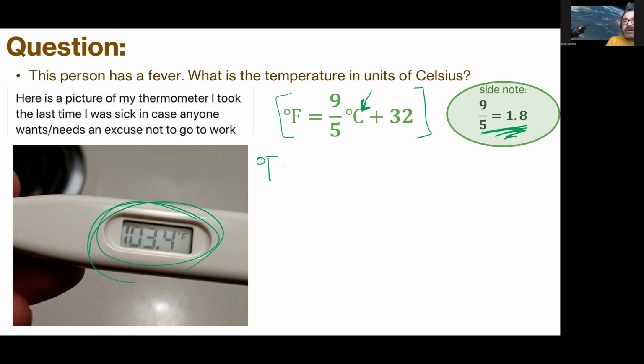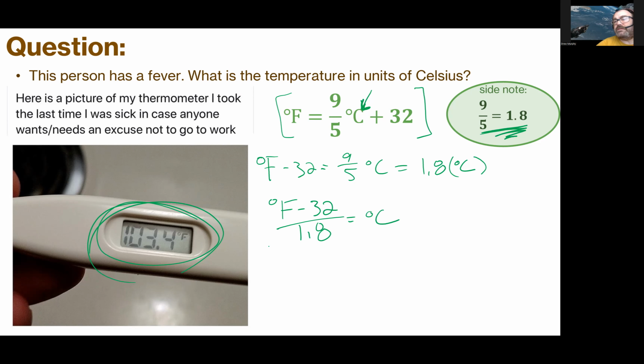Our Fahrenheit minus 32 is 9/5 times Celsius. Our 9/5 is the same as 1.8, so I'm going to switch that out. 1.8 times the Celsius. We want to get Celsius by itself, so we're going to divide the left side by 1.8. So our Fahrenheit minus 32 divided by 1.8 should equal the Celsius.